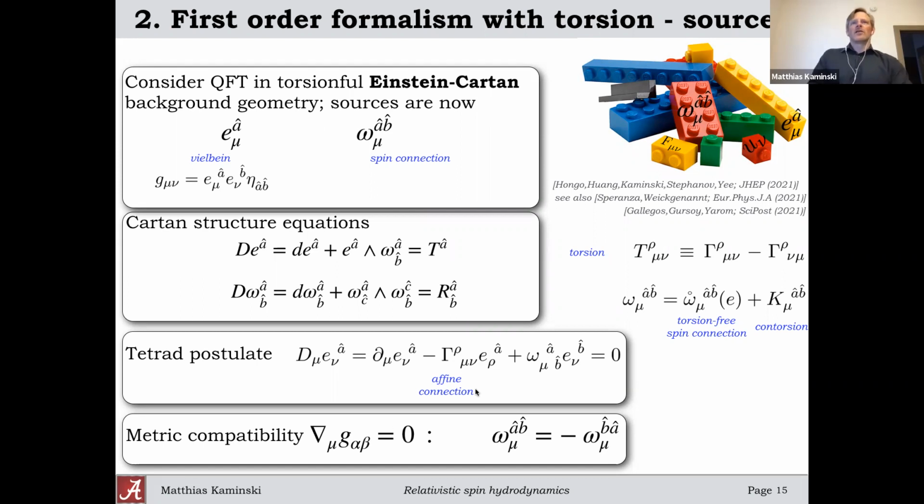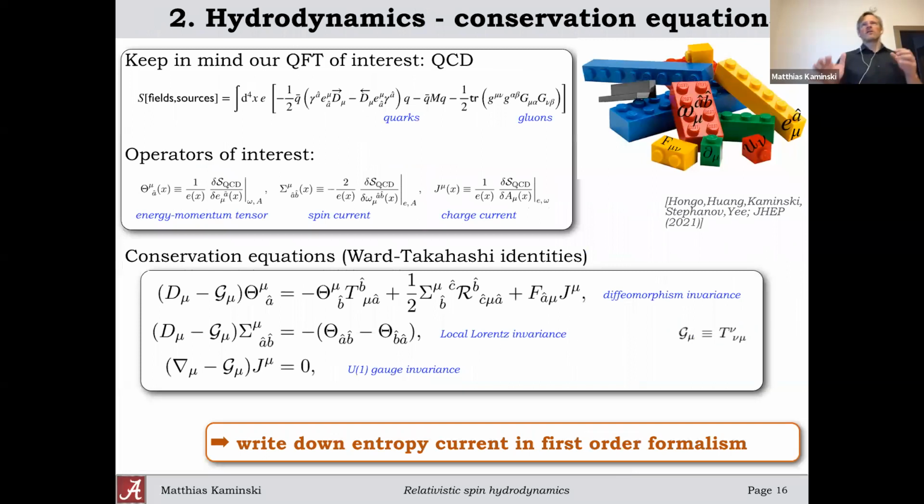Okay. So now we use all of that and apply it in order to derive constitutive equations. Let's keep in mind what we're after here. We originally talked about this in heavy ion collisions. QCD would be the theory of interest that governs that type of experiment.